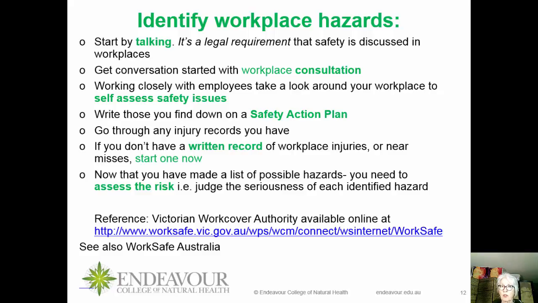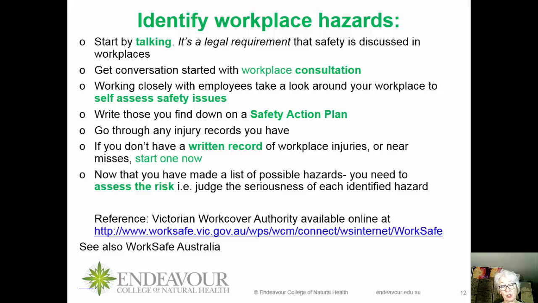And once we've identified it, we can then make a risk assessment, and then you use risk control. So place that kettle somewhere else where it can't be knocked over. Just a small example, but you write it down, and then you establish a written record of workplace injuries, and once you've got those injuries written down, you then have something to work from.